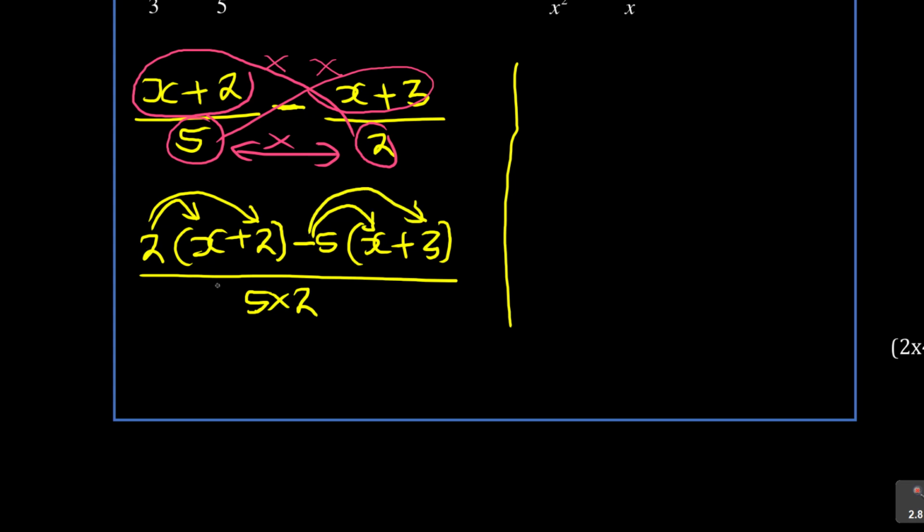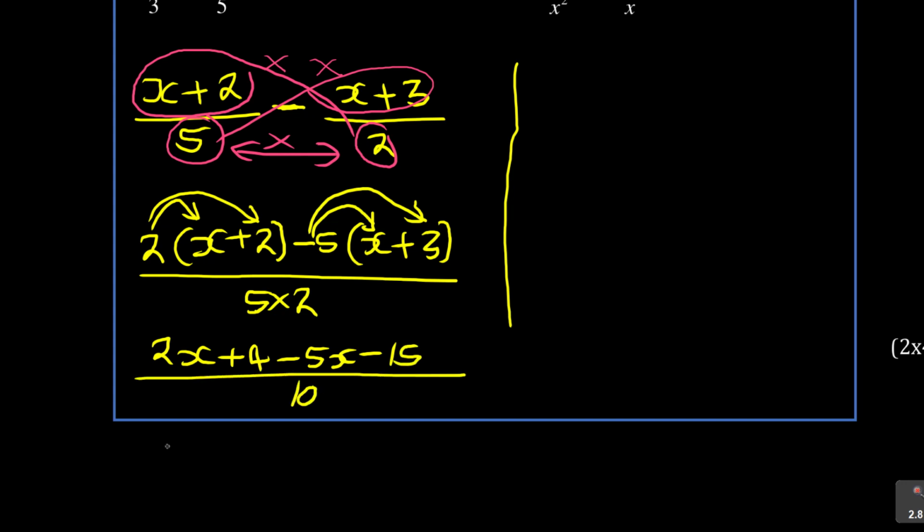So you've got 2 times x, it becomes 2x. 2 times 2 becomes positive 4. Now it's minus 5 times x, minus 5x. And minus 5 times 3 is minus 15, over 10. You see? And then from here, you collect like terms. 2x minus 5x gives me minus 3x.